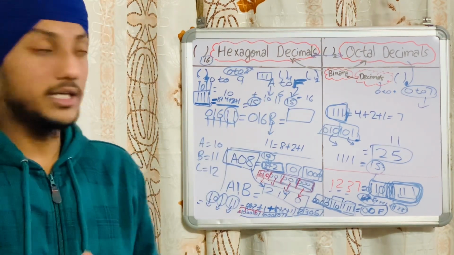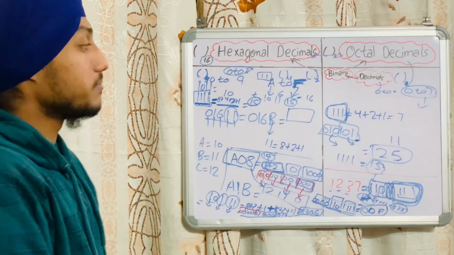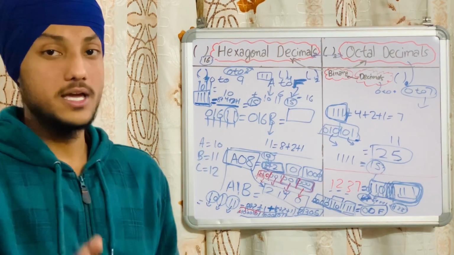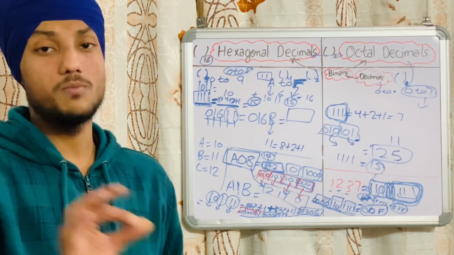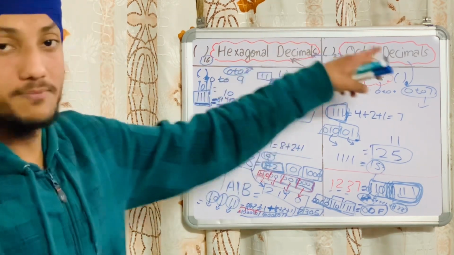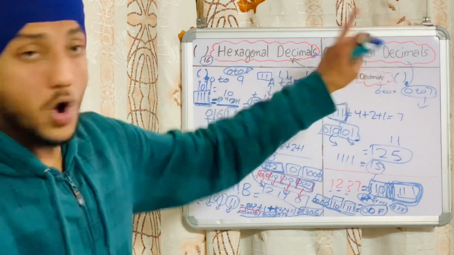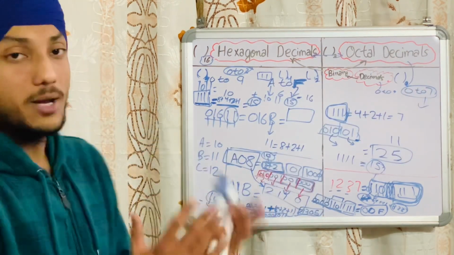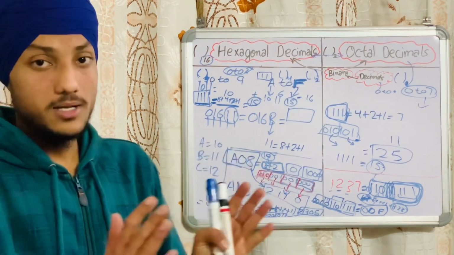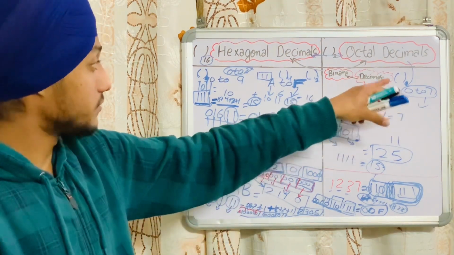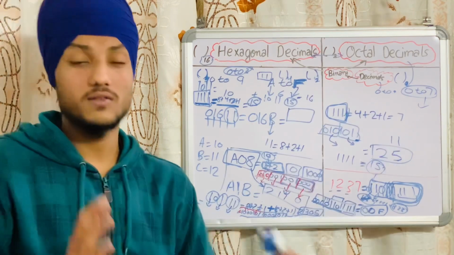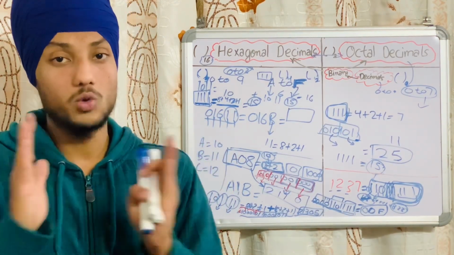For converting any type of system, your first preference is to convert that system into binary, then convert it to that particular system. For converting to octal, you have to take binary parts, 3 pairs. For converting from any type of system into hexadecimal, you have to convert binary into 4 parts.